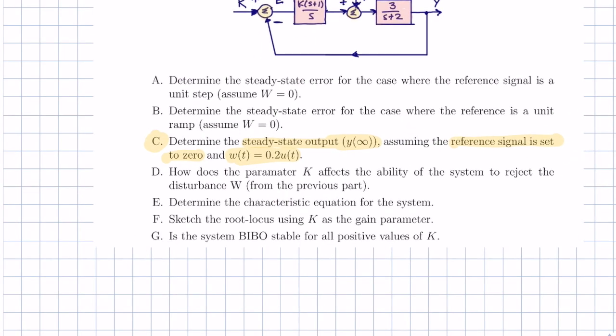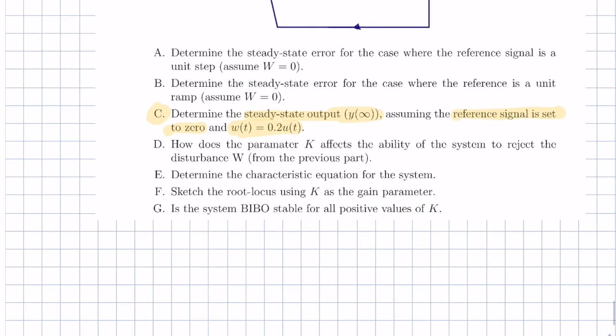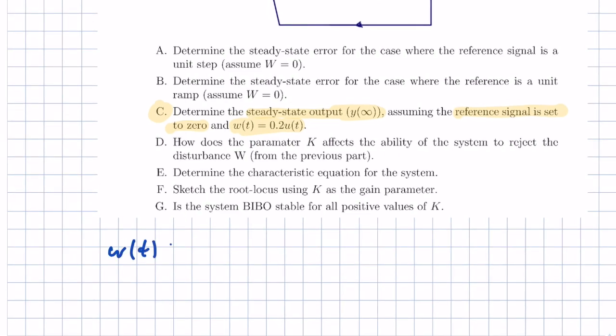So again, the reference signal is set to 0, and we're looking at the steady state output. So we still just apply Laplace transform theory to answer this question. So with w of t equals 0.2 u of t, we know that capital W, the Laplace transform, would be 0.2 over s.